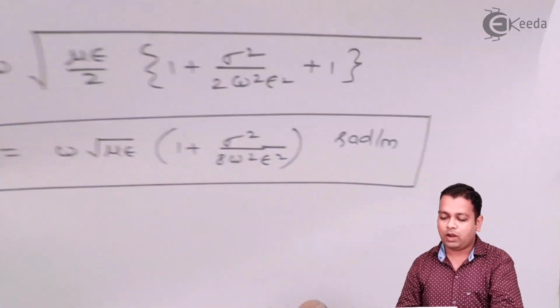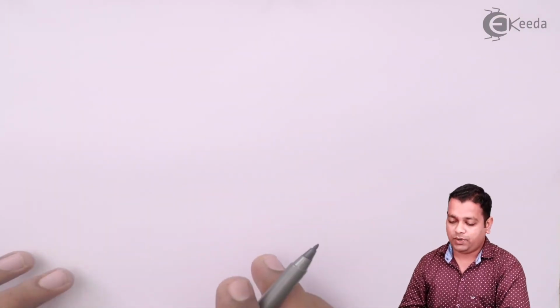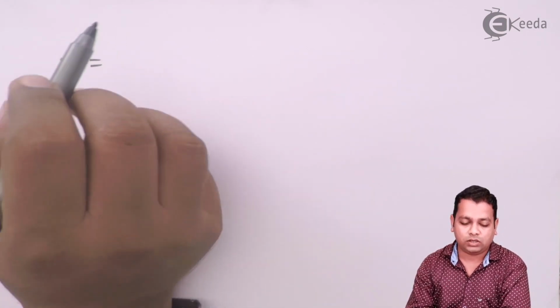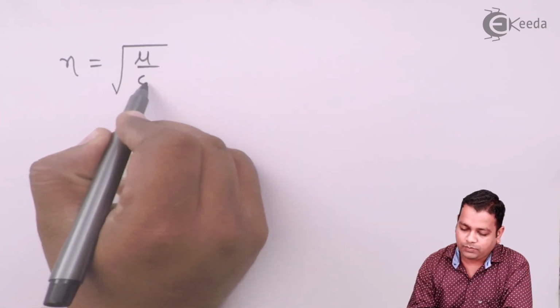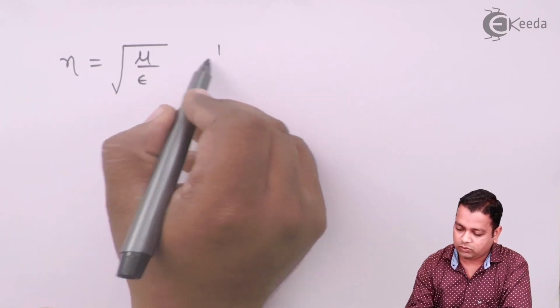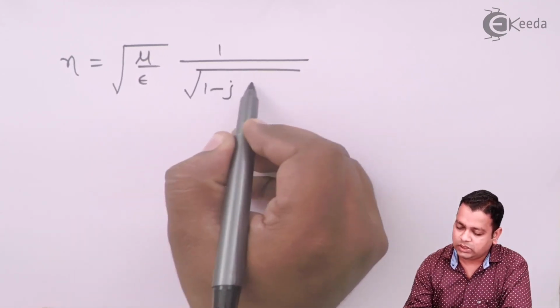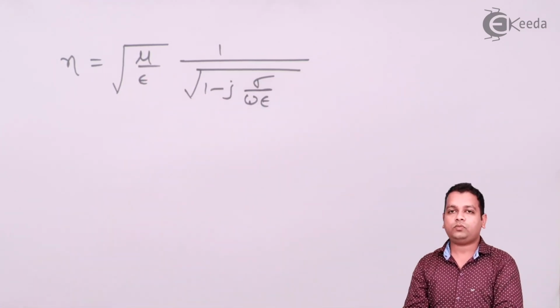Now, along with alpha and beta, we have many more parameters like the intrinsic impedance eta. The general expression for eta in a general medium is given by under root mu upon epsilon in multiplication with 1 divided by under root 1 minus j times sigma upon omega epsilon.